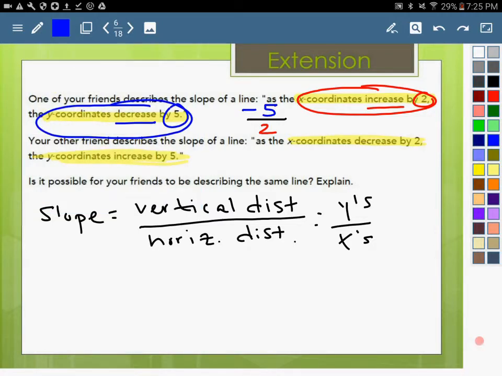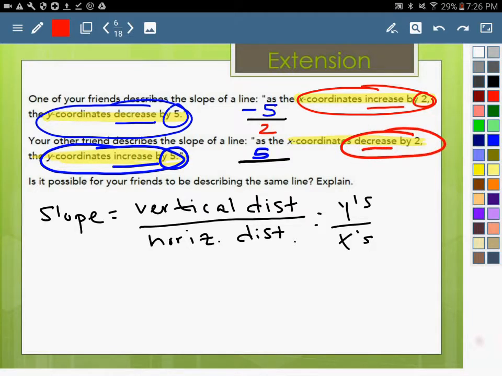The y-coordinates go on top, so let's look at the y-coordinates first. It says increased by 5, so that's a positive 5 this time, positive for the increase. And then we need to put it over the x's, and it says decrease by 2. So decrease would be the negative, so that'd be -2.